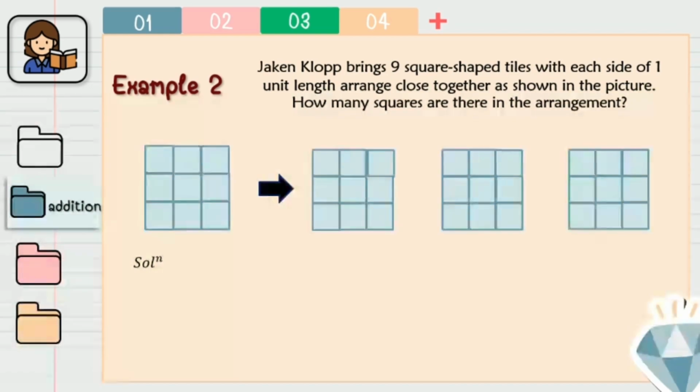The first is a square with side length 1 unit, which has 1, 2, 3, 4, 5, 6, 7, 8, and 9 pictures. The second is a square with side length 2 units, which has 1, 2, 3, and 4 pictures. The third is a square with side length 3 units, which has 1 picture.